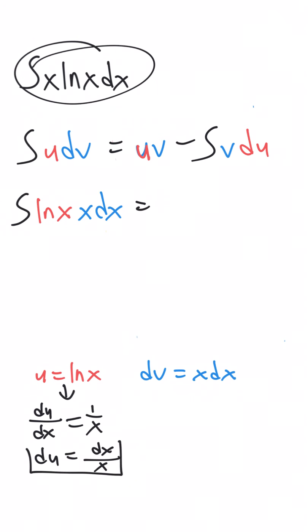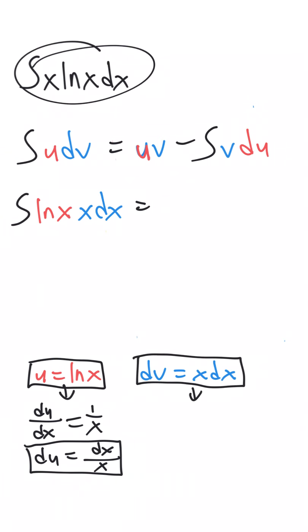That's legit. Those are two ingredients. Here's the third ingredient. Now we just need to integrate on this side. So bring the dx to the other side. You get dv dx equals x. Anti-differentiate that, and you get v equals 1/2 x squared.